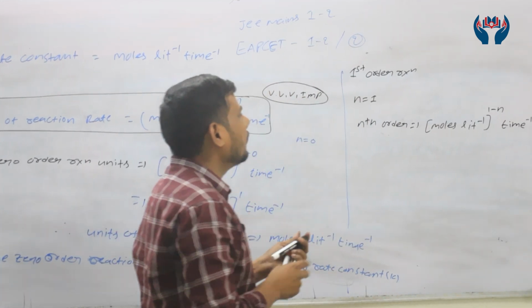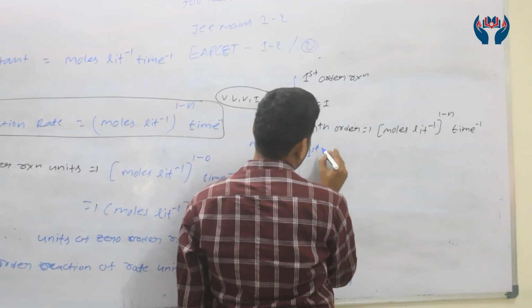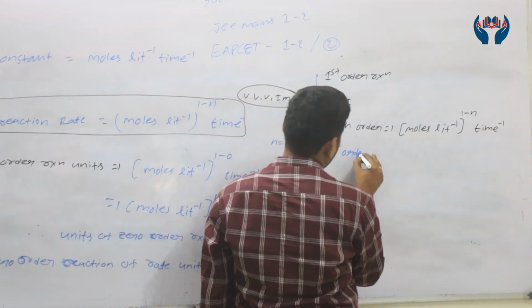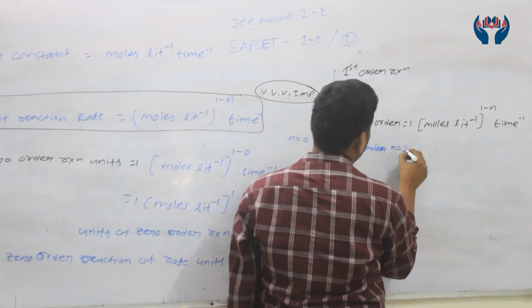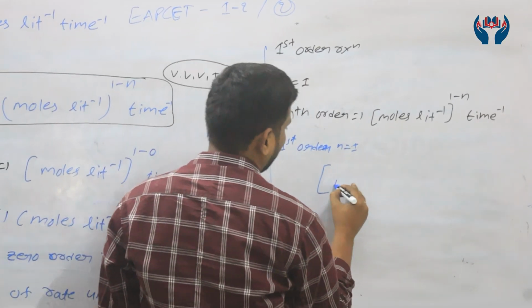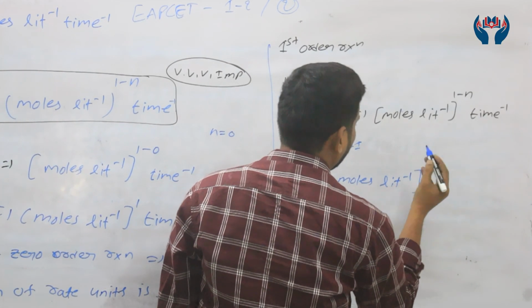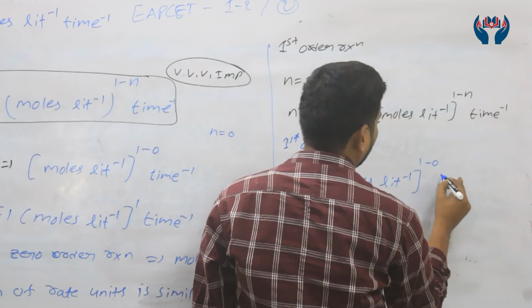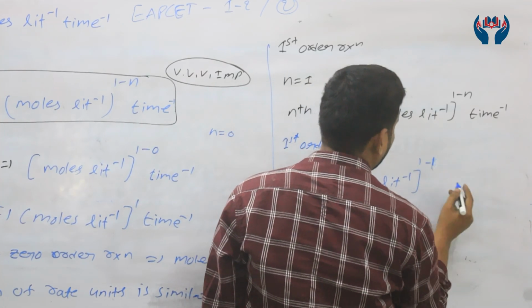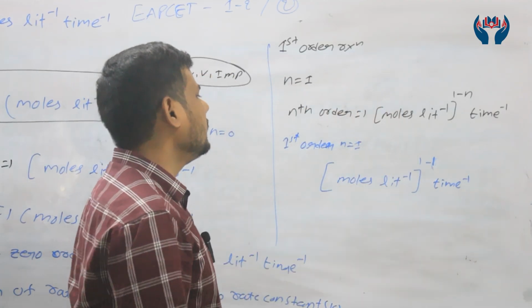In this, n equal to 1, so moles per liter inverse, 1 minus 1, and time. 1 minus 1 means 0.